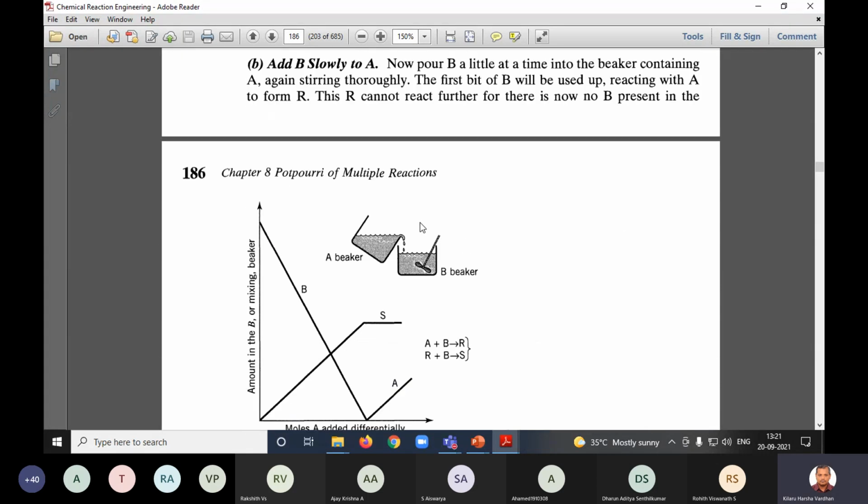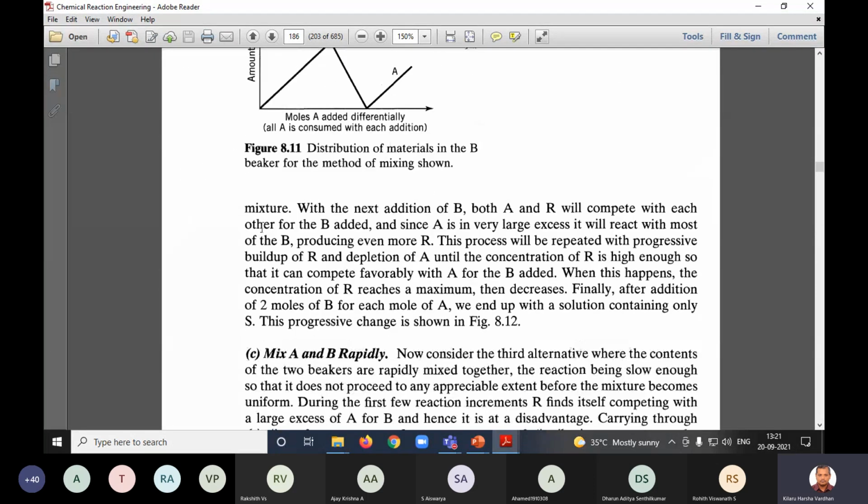The second one here: add B slowly to A. Now pour B a little at a time into the beaker containing A, again stirring thoroughly. The first bit of B will be used up, reacting with A to form R. This R cannot react further, because there is no B inside the reactor, so both A and R are present. With the next addition of B, both A and R will compete for the B added.